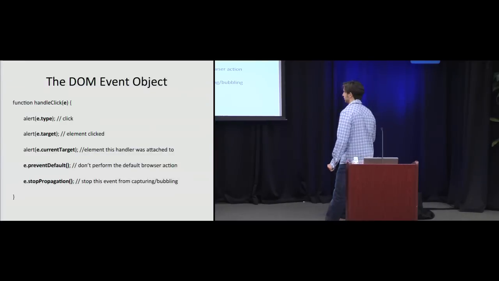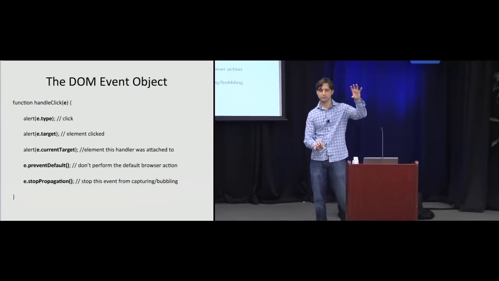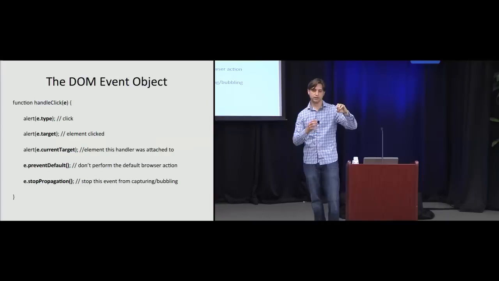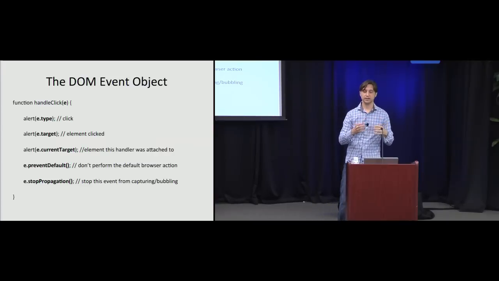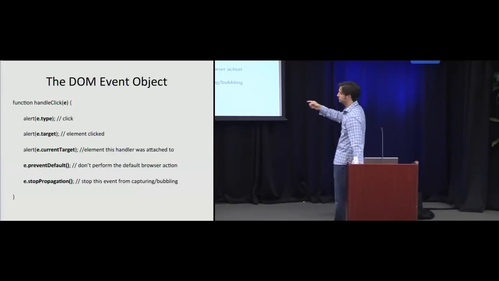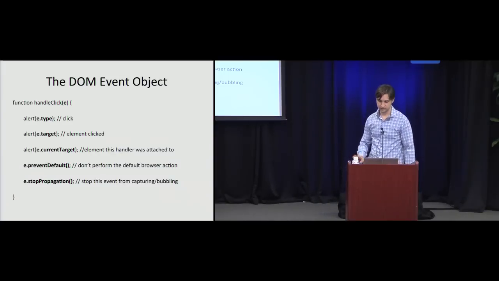The difference between the target and the current target is that the target is the one that's at the bottom. That's the one that the user actually clicked on. The current target can be any element that's an ancestor of that target. So it's the element you applied the attach event or the add event listener to. We'll get into that, because that's where event delegation comes in, and it's a better pattern for using events.